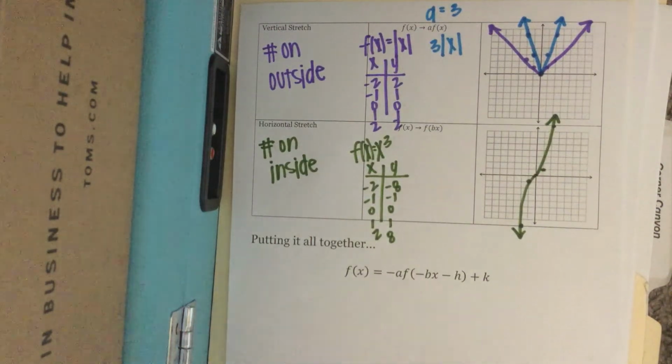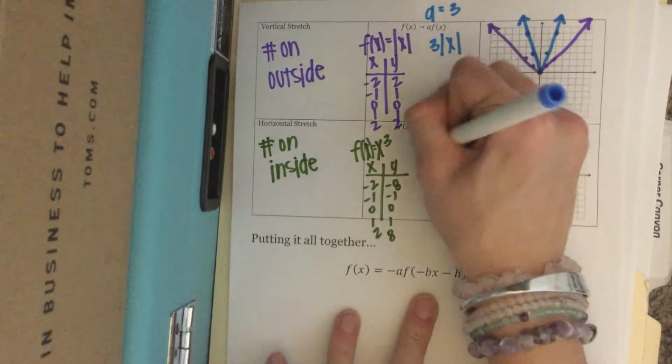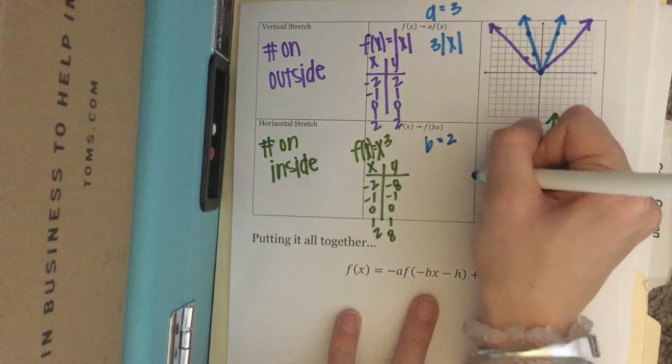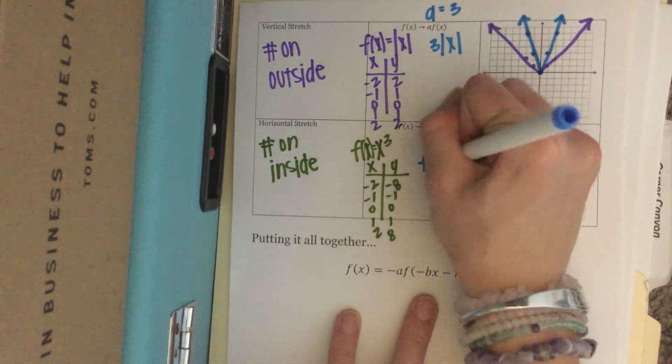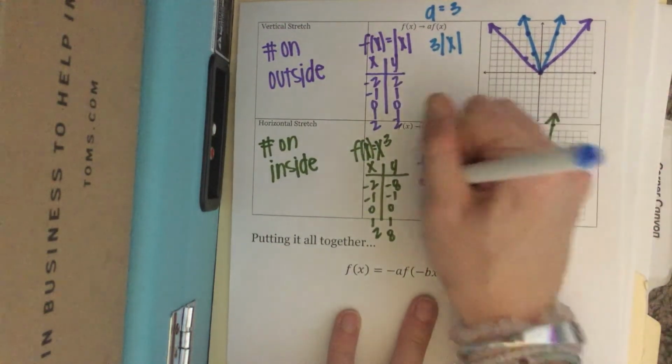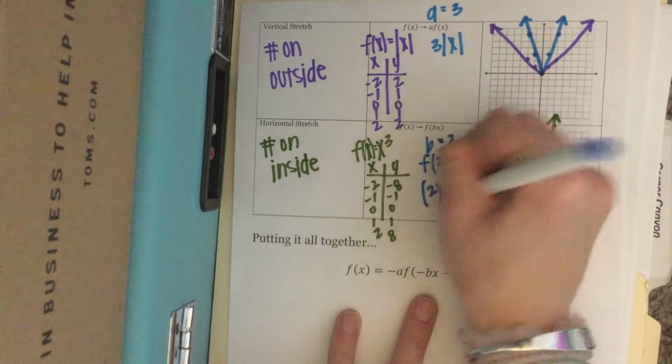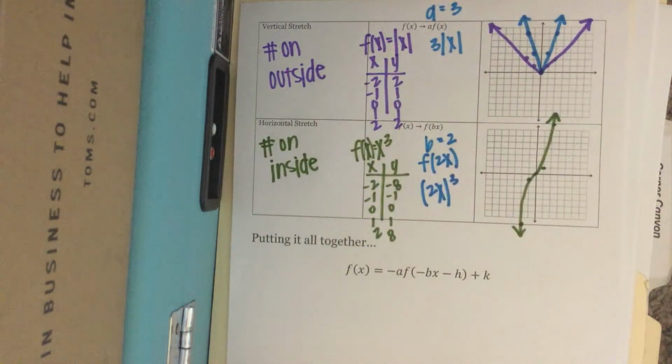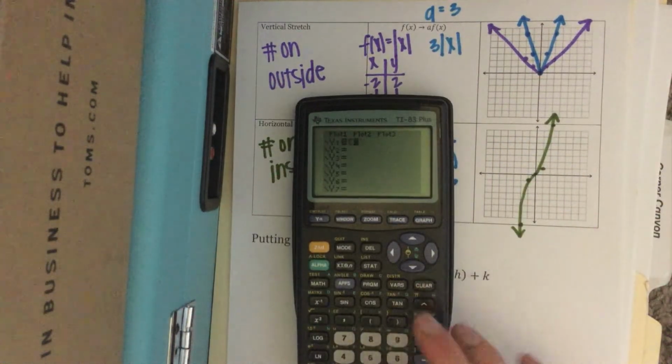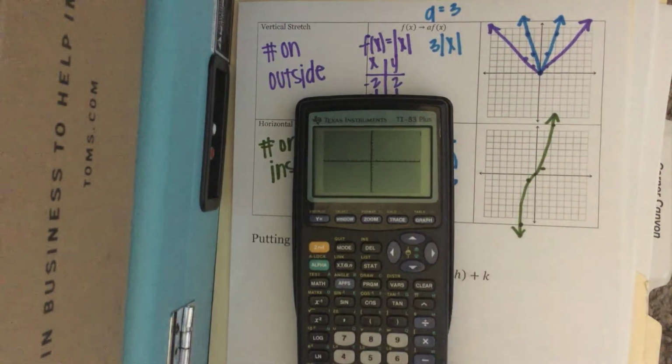And let's let b equal 2. So this is going to be f of 2x. So 2x is going to replace that. So that's going to be 2x cubed. And that's what I'm going to put in here.